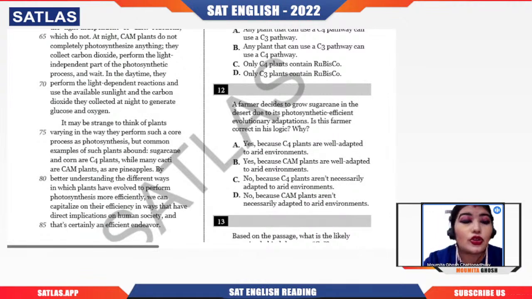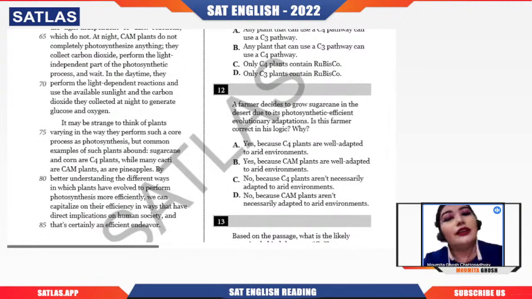So the entire process is completely fulfilled within the day. Photosynthesis in CAM plants, the desert region plants, takes place throughout the day.